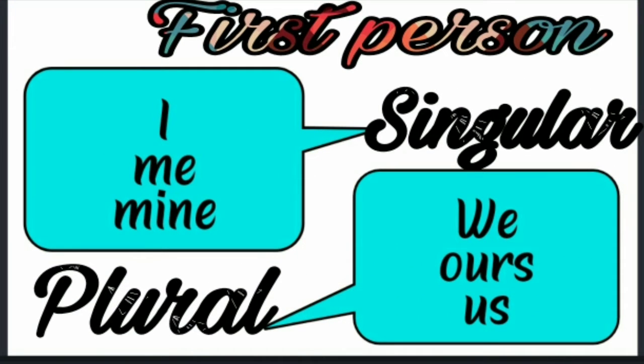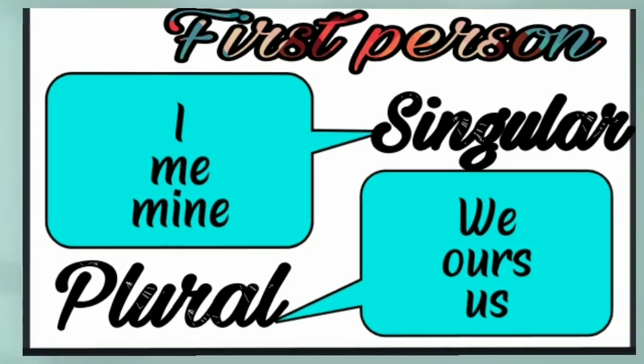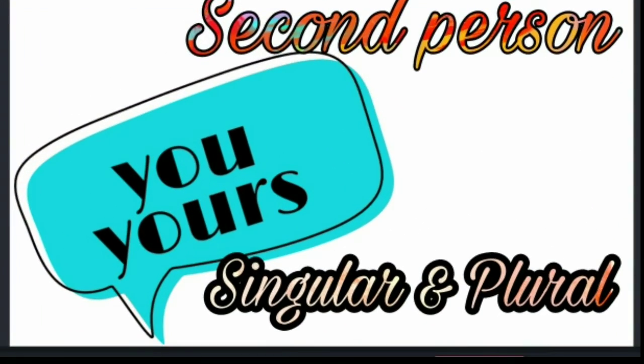Let us see the first person. In first person, singular, I, me and mine, and in plural, we, ours and us. And in the second person, singular form and plural form are same, like you and yours.